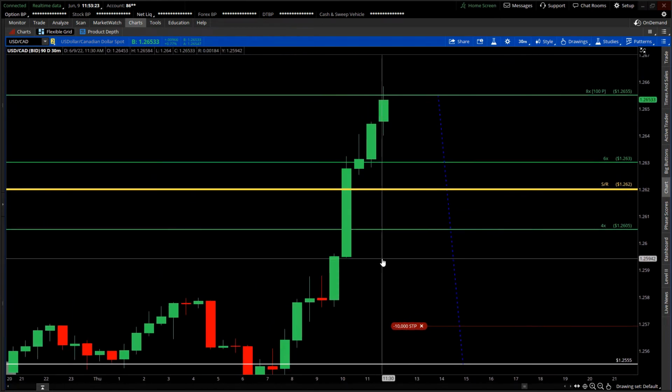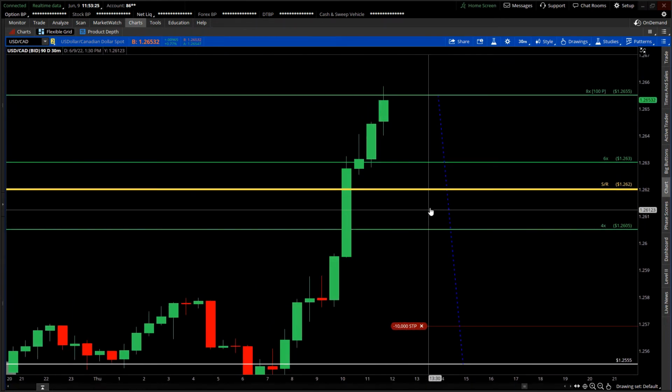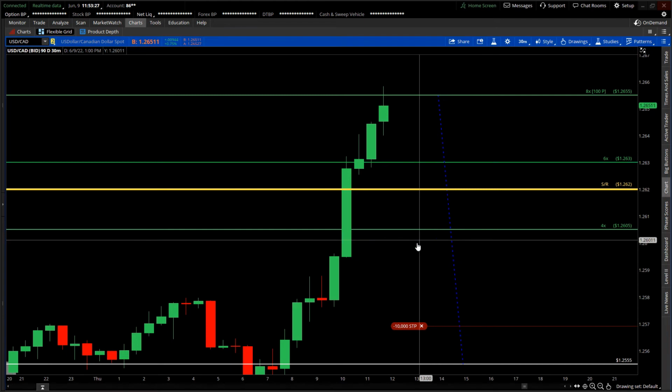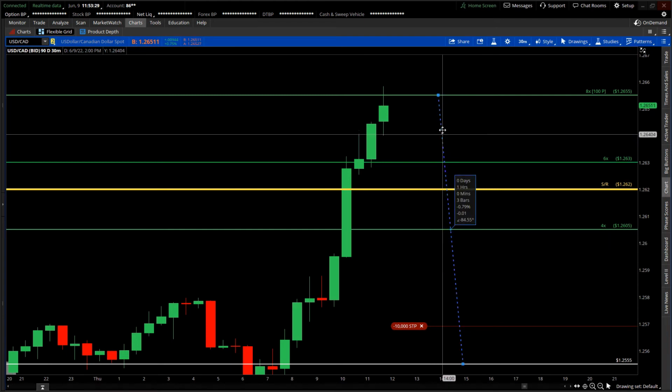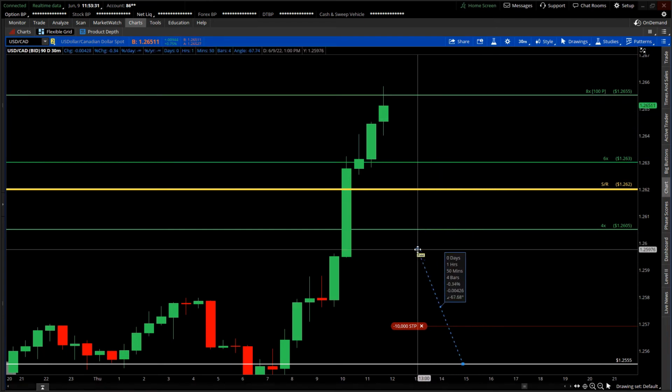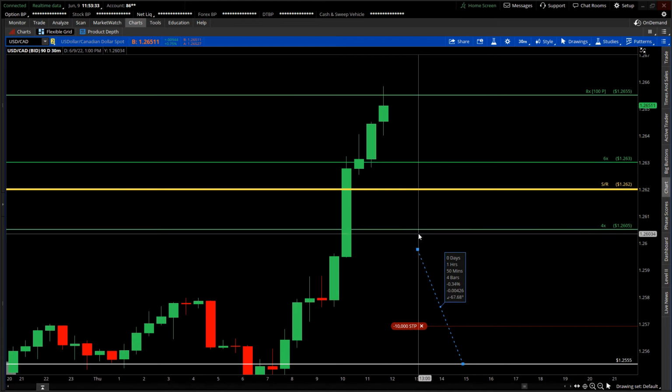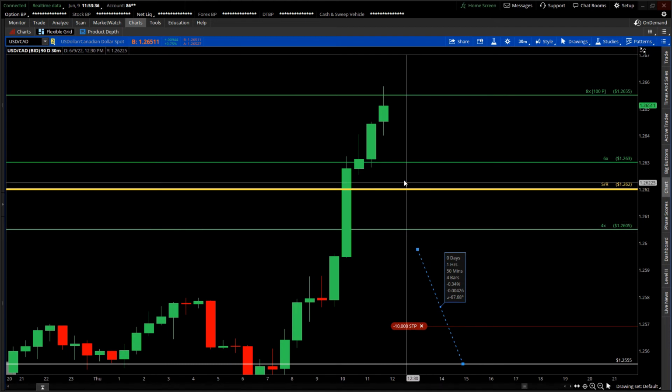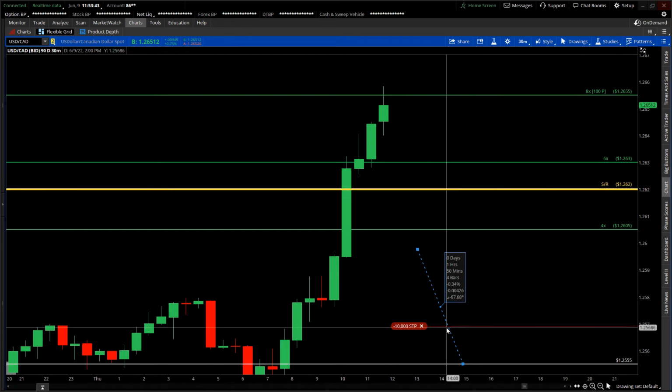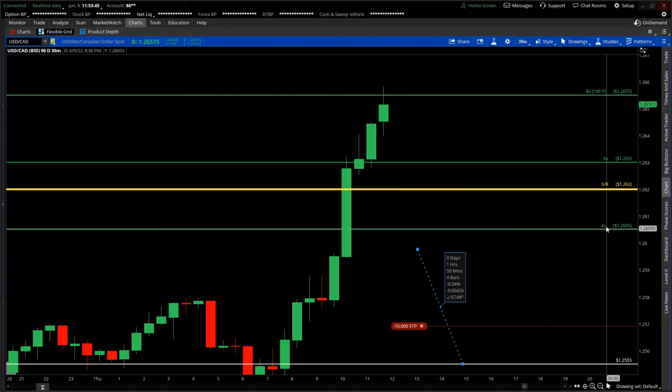So again, as I had mentioned, I would start walking my stop level up, and I'm probably going to walk up my stop even further. I'll create an alarm just to let me know if price falls below the local support resistance level, and then I'll move my stop up to the 4x level.